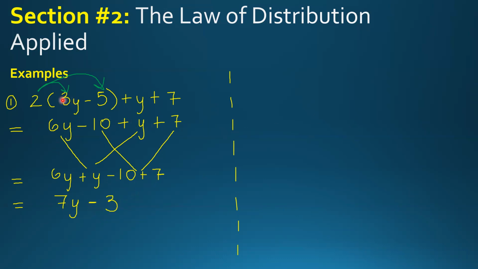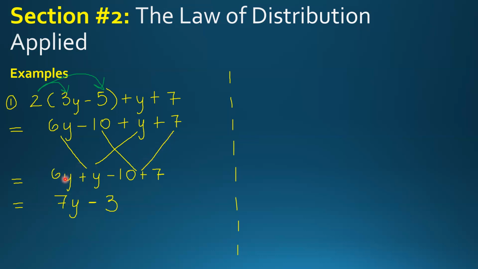So again, let me start over so you can understand how we did this. We multiply 2 times 3y, which gives us the 6y. We multiply 2 times 5, which gives us 10. Keep the negative sign. So we have 6y minus 10. We bring down the y and the 7. At this point, remember, we group like terms.